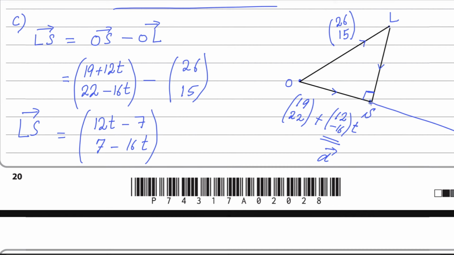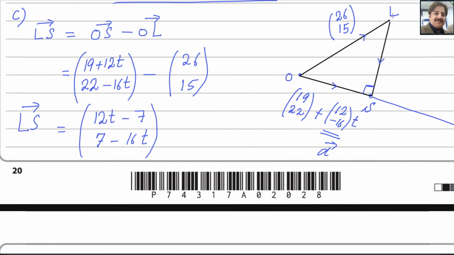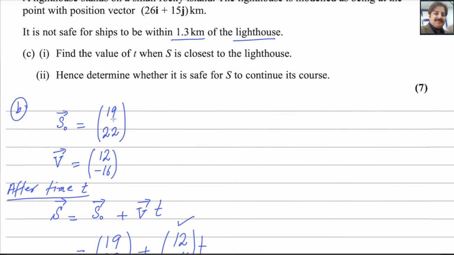It will be closest at the point when this vector becomes perpendicular to that vector. Okay, so at this instant the time taken is 0.49, and what is the distance here? We can plug in over here to find the vector value of t, and then we will find the magnitude. This is the first part actually: hence determine whether it is safe for S to continue its course.